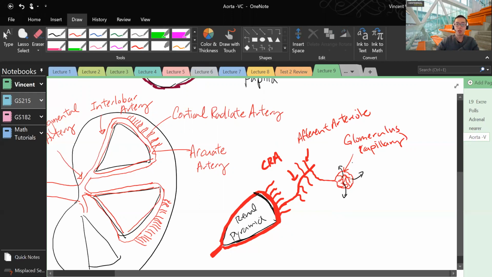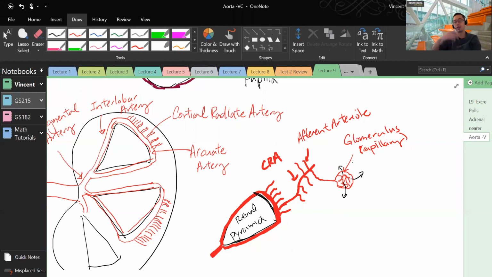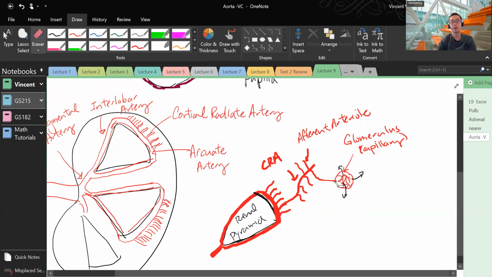You might have water coming out, glucose coming out, a bunch of stuff comes out, except for big things like blood cells and proteins. But all the fluid component, and stuff dissolved in the fluid, including the nutrients and the waste products we talked about, is going to come out, and we are going to capture it.